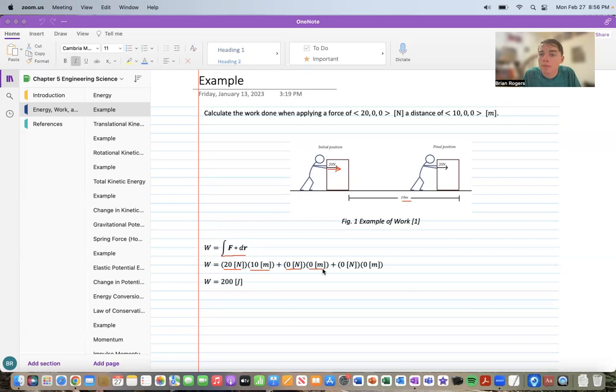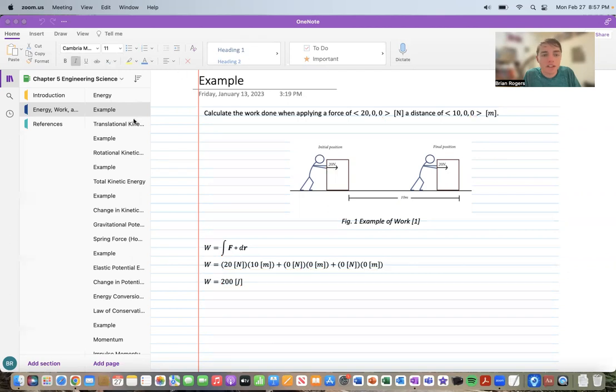We don't move vertically, so that's why it's 0. 0 newtons in the z direction, and 0 meters in the z direction as well for the displacement. And so we're going to see the work. If you just do that simple calculation of 20 times 10, you're going to get 200. And so remember that the units of work is in joules.